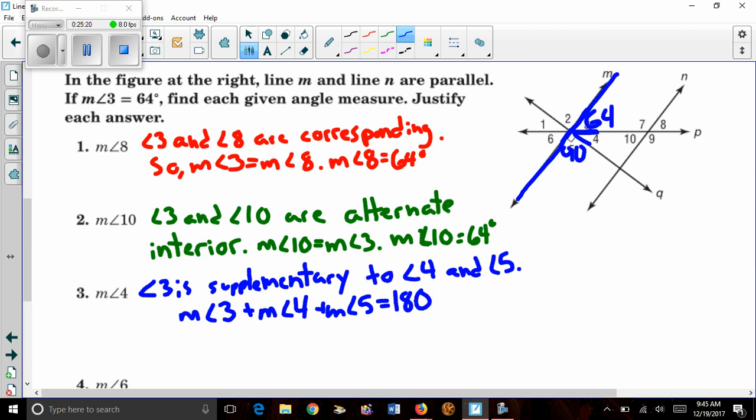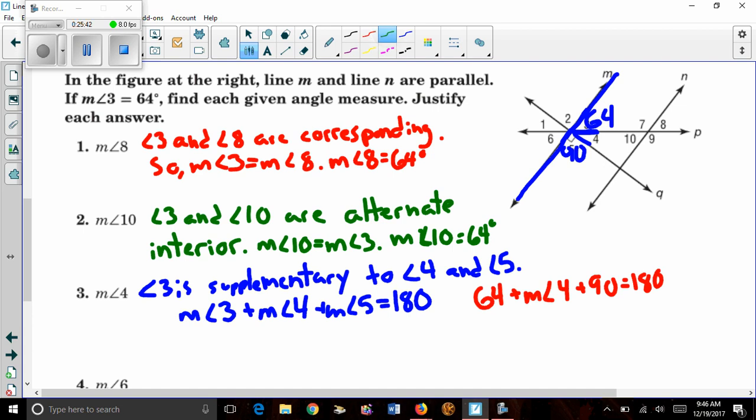We can do some substitution. We know the measure of angle 3 is 64, plus the measure of angle 4, plus angle 5 is 90 degrees, equals 180.